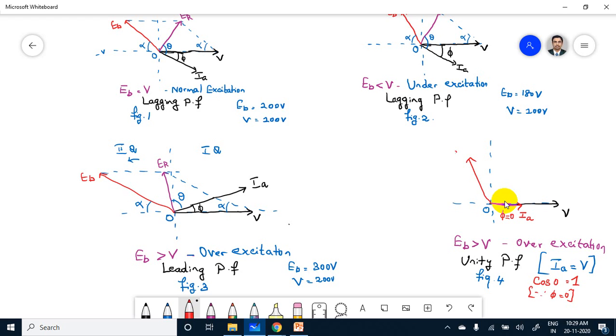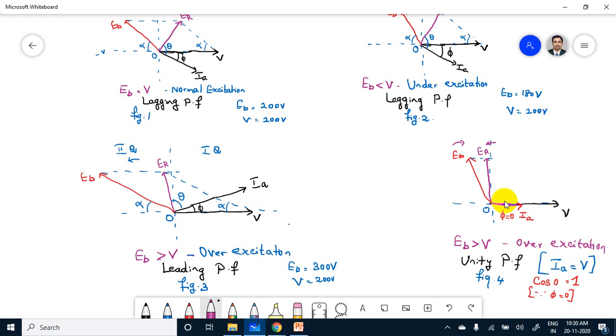This is EB, and again you draw. Once you draw the EB, then draw the horizontal line, then draw this ER. Sorry, I made a mistake. The ER value will come here. EB will flow towards ER, but ER will move towards EB.